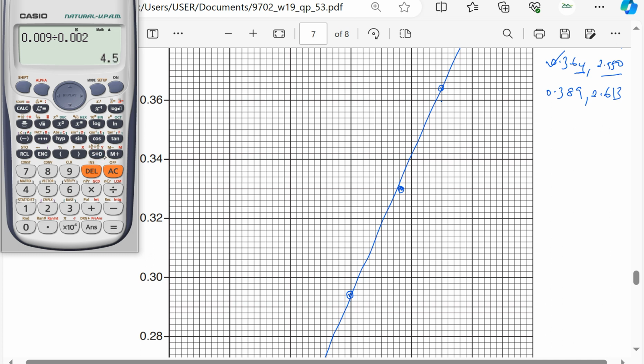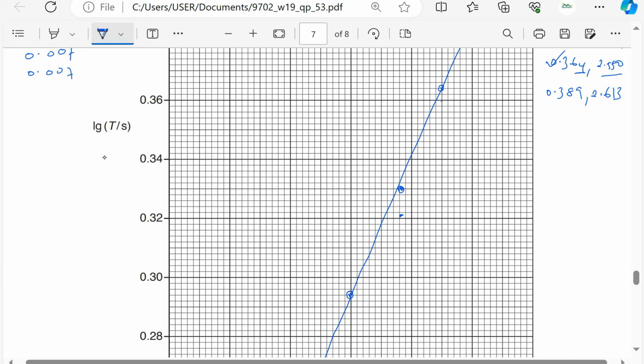Because this point was just on the line, I'll count 4.5. Downwards, I have 1, 2, 3, 4.5, which is there. Upwards, I have 1, 2, 3, 4.5, which is somewhere there. This point was very close to the vertical line. So 1, 2, 3, 4.5. So it is in between here. So I'll draw the vertical bar here.